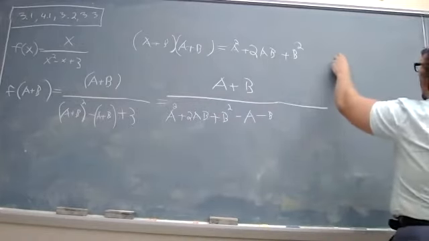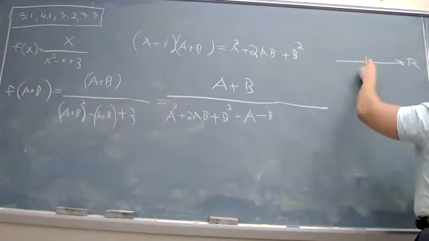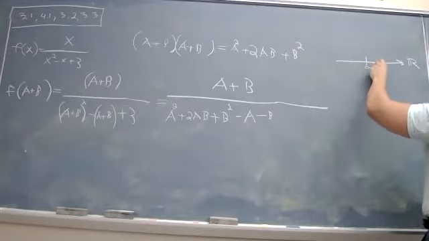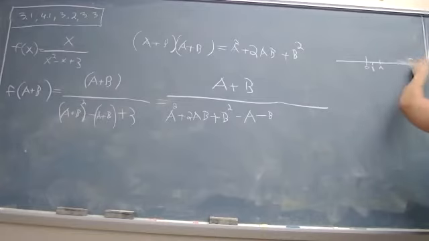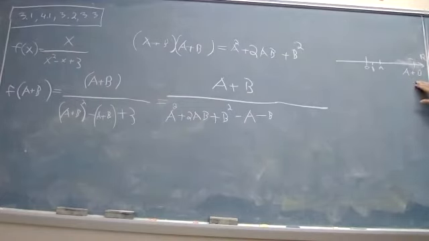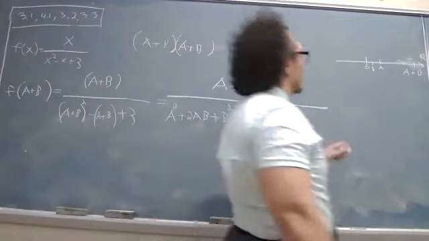Why? Oh, I'm glad that you asked that. Although all of you are on mute, I heard someone ask it. So notice if this is a, and this is b, a plus b is probably somewhere over here. So the negative of a plus b, that's what this is right here, is going to have to be over here.